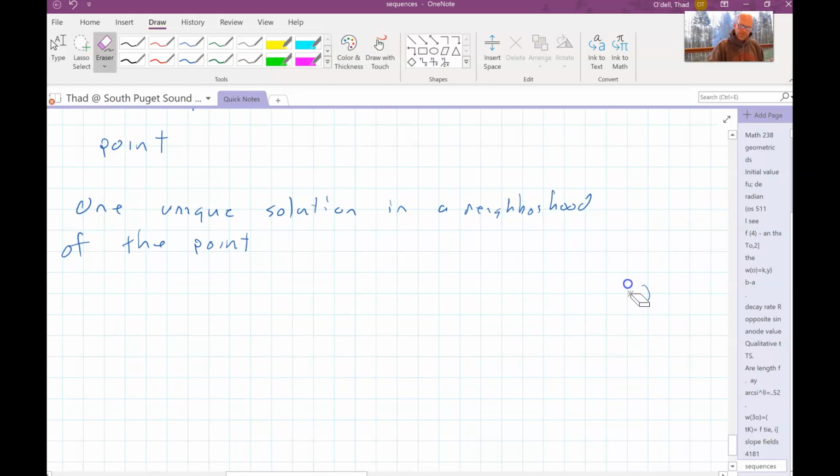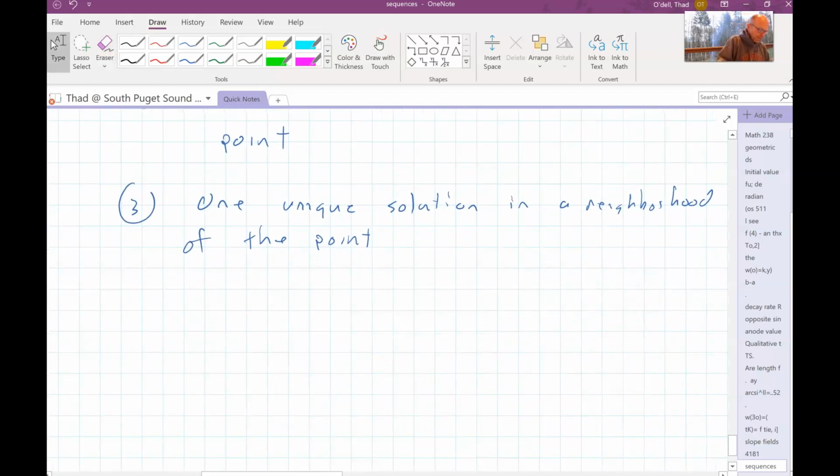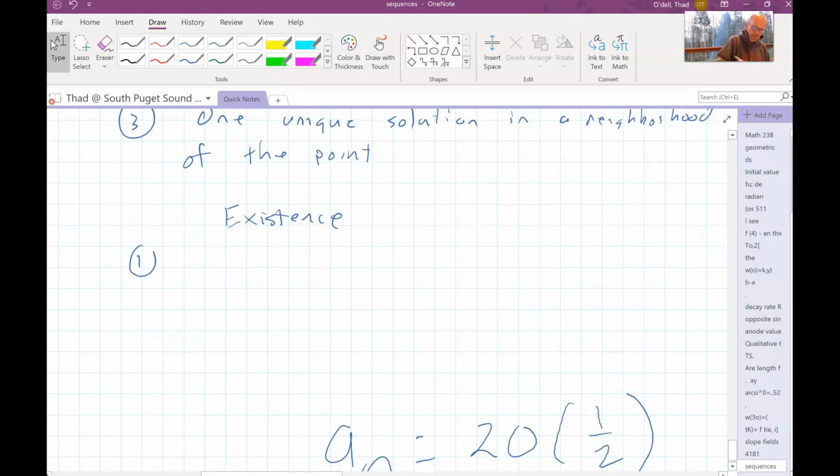Okay? All right. So here we go, the existence theorem, part one. Part one is we're testing for existence. I'm going to switch to another page so I don't have to keep erasing this stuff.